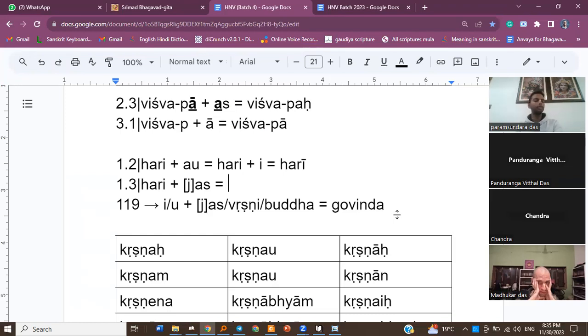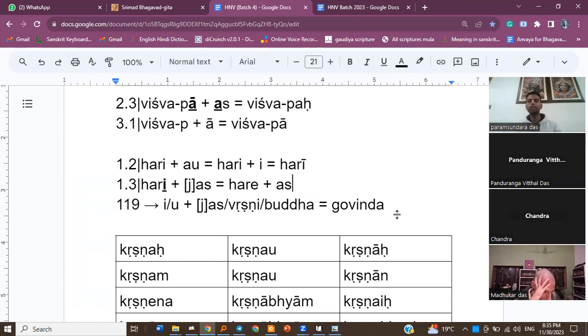Now in this 1.3, Hari ends with Vamana E, right? And we have Jas following. So we'll do Govinda here. So by Govinda, E will become A. You got the point? How it happened? Idvaya sa A, right?